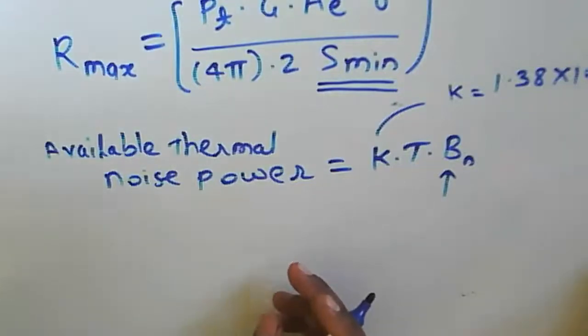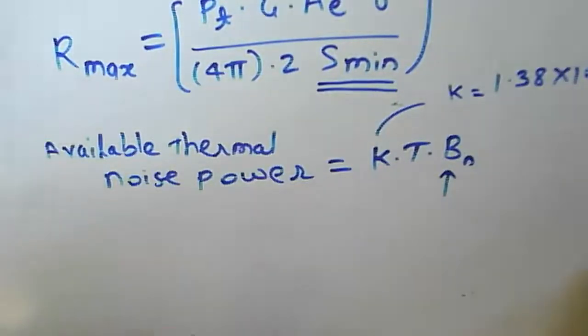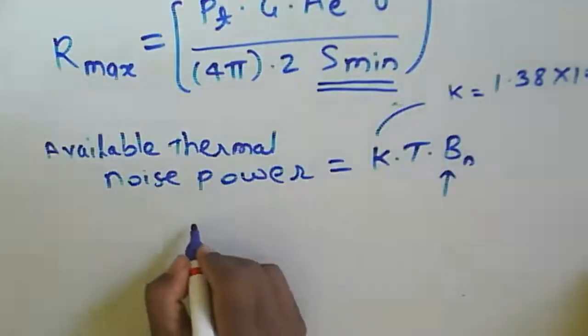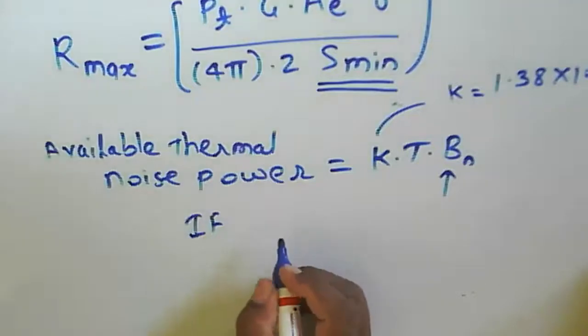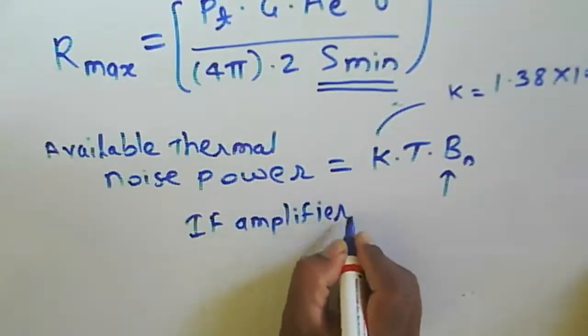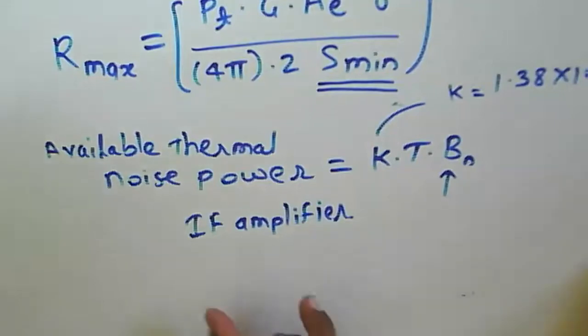The noise bandwidth is the response of whatever IF we are using. In the block diagram we have the IF amplifier. What will be the response of an IF amplifier?